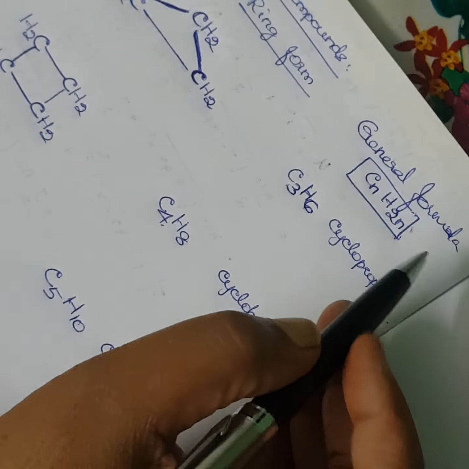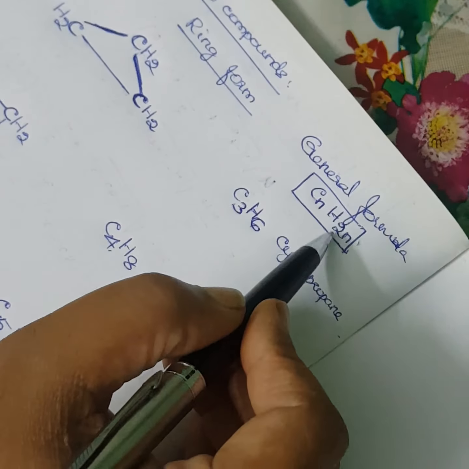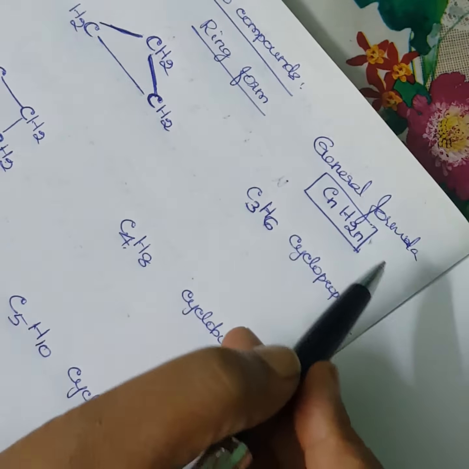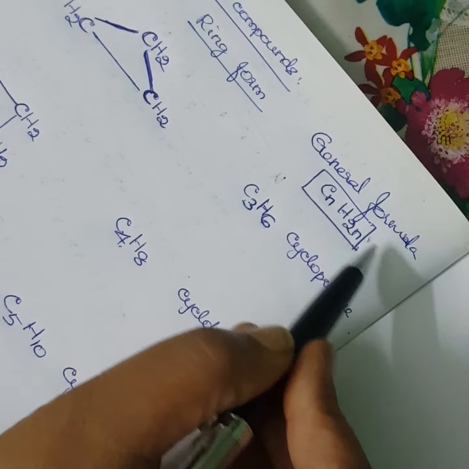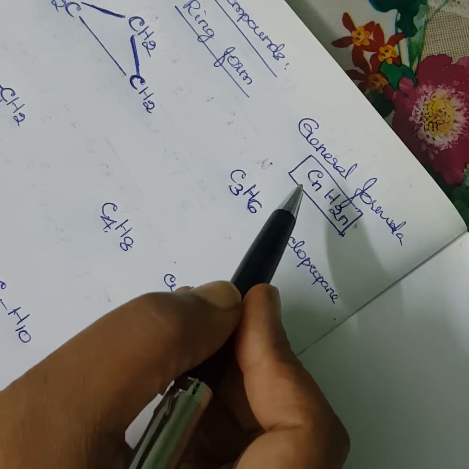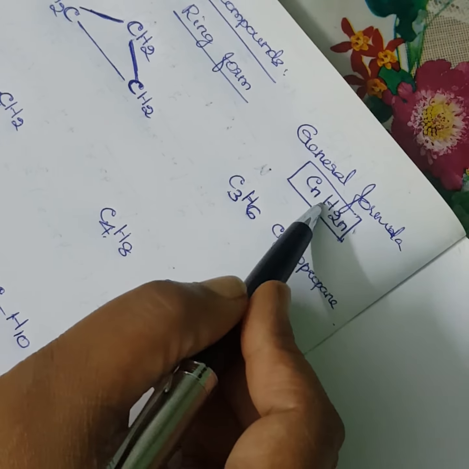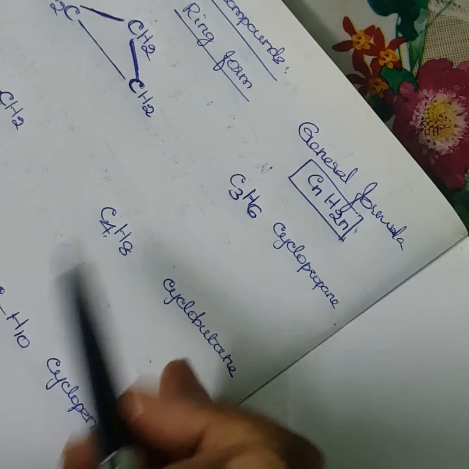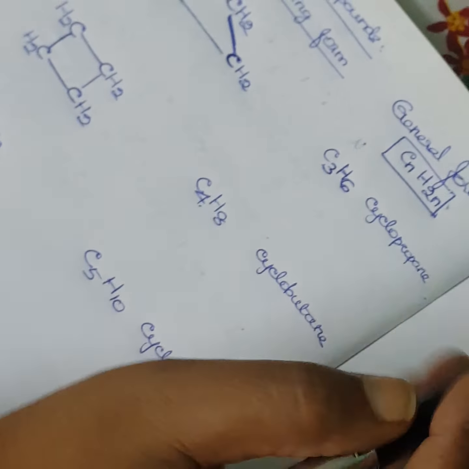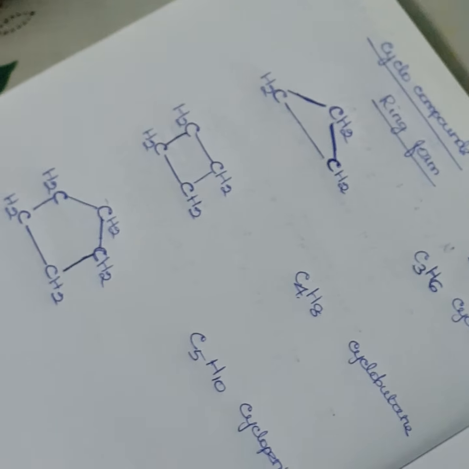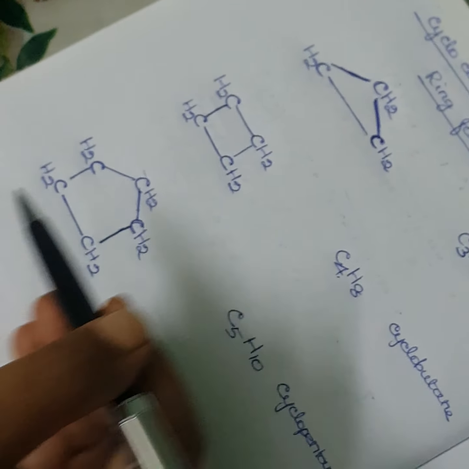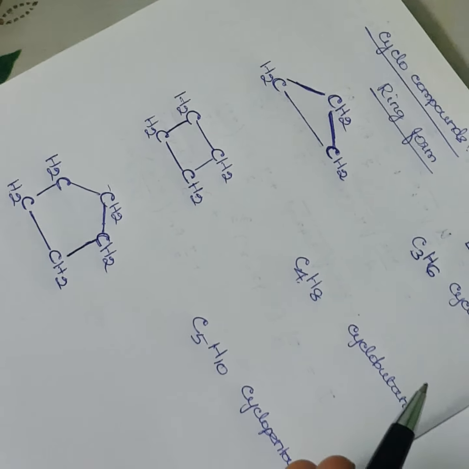For cyclocompounds it is similar to alkenes. Already we have learned in alkenes the general formula is CnH2n. For alkanes the general formula is CnH2n plus 2. And for alkynes the general formula is CnH2n minus 2. For cyclocompounds it is CnH2n, similar to alkenes. So I hope you understood how to write cyclocompounds.